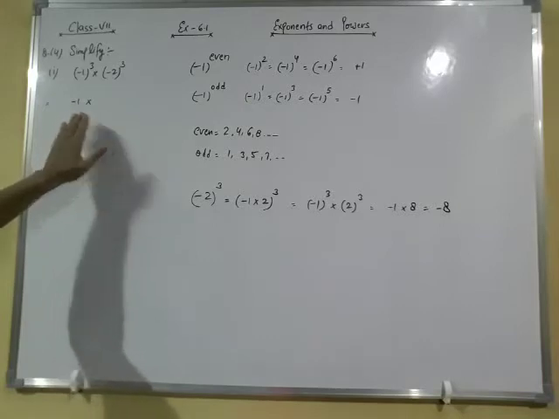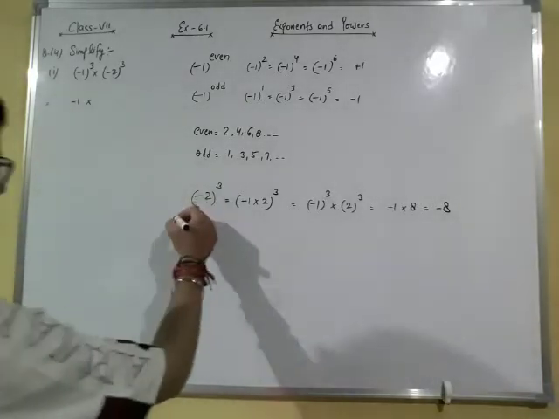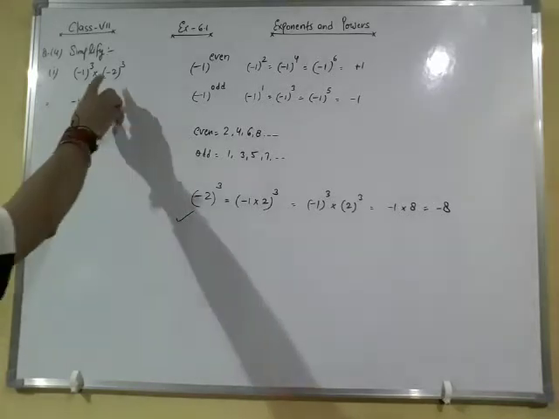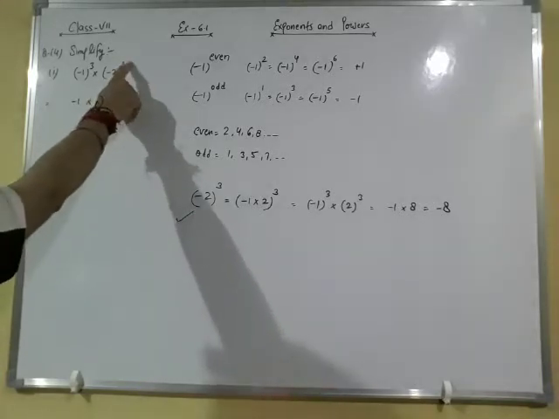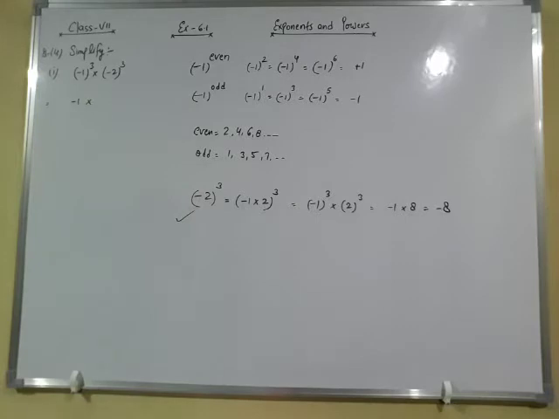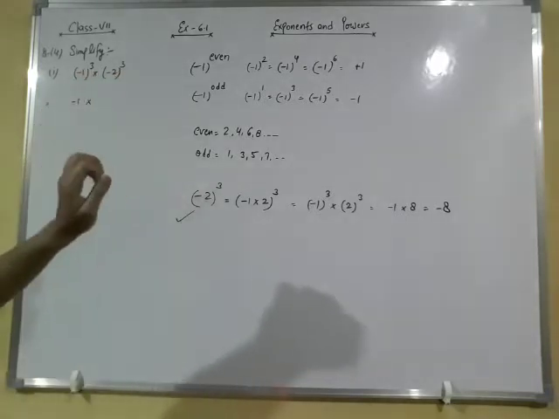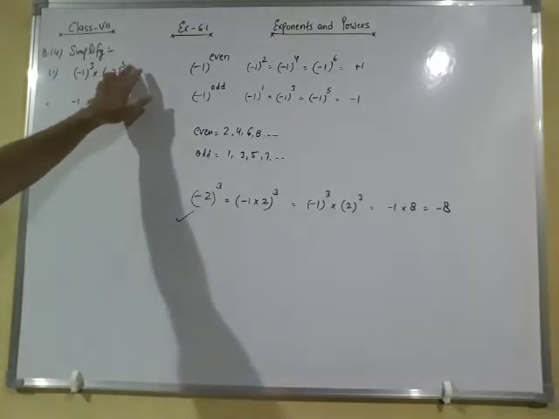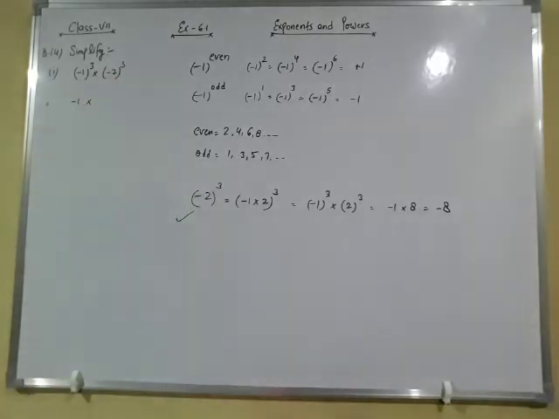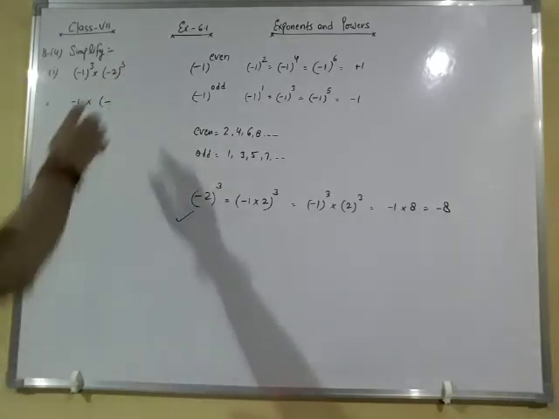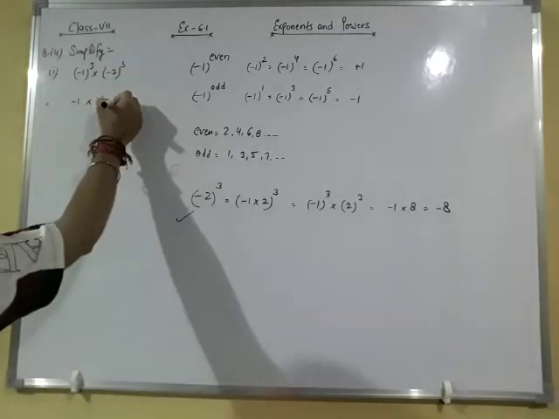Now either you solve like this, or if you want to make your work easier and shorter, if you observe an odd power of a negative number, the result will always be negative, because 3 is an odd number, therefore it will be negative, and 2 raised to the power 3 is 8.